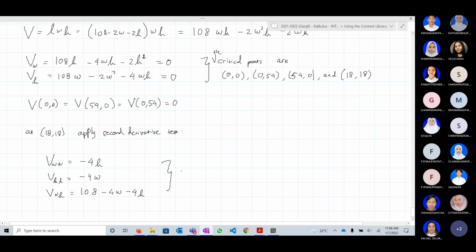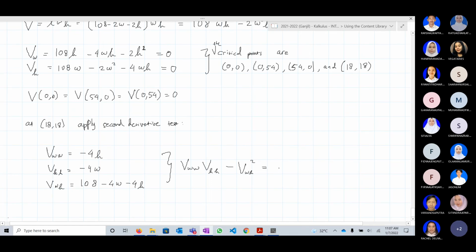So from here we find the discriminant VWW times VHH minus VWH squared, which should be equal to 16WH minus 16 times (27 minus W minus H) squared.